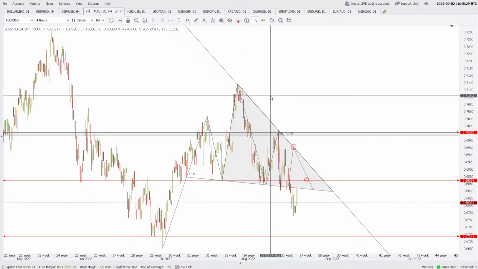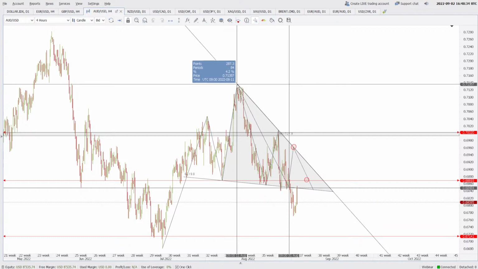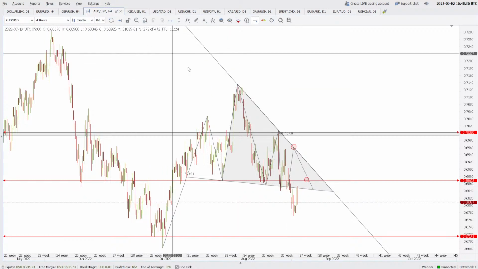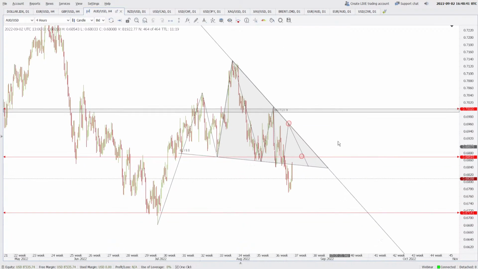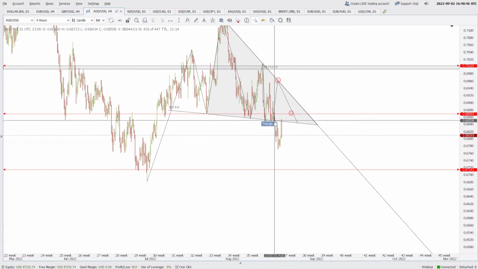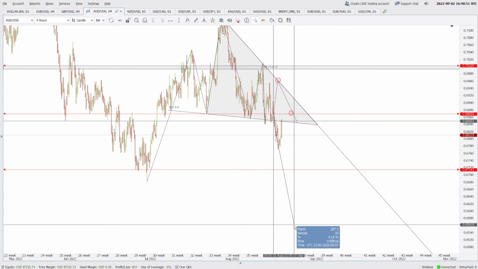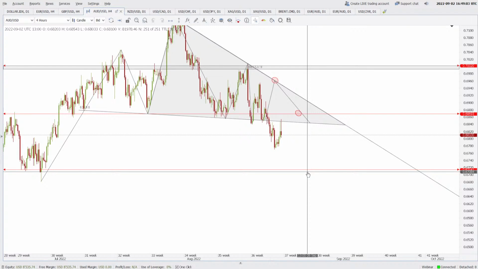Now what is the possible target? Actually, from the breakout, the height of the pattern is the target. Now 287 points is the target here. If I say 287 points, it is from the breakout point, this is the level of breakout from here. So approximately the 0.6562 area is going to be the next target as far as this break is concerned, but immediately there is 0.6714 as the immediate target.